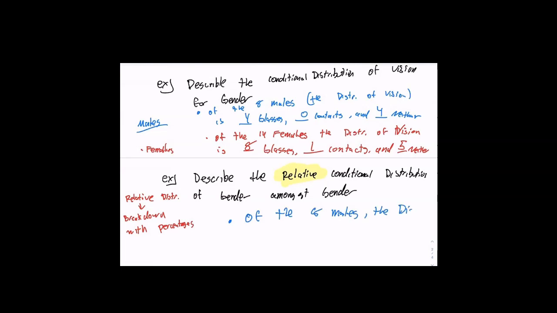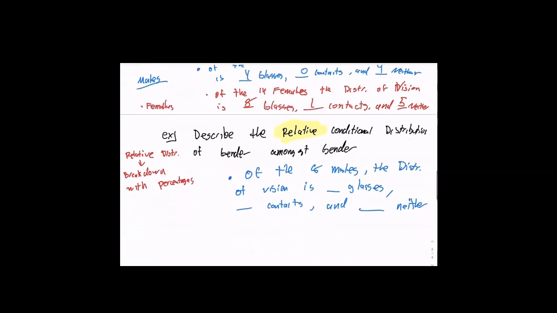The distribution of vision is blank glasses, blank contacts, and blank neither. It doesn't matter if I'm talking about just frequencies or relative frequencies for my distributions. The sentence is still the same.